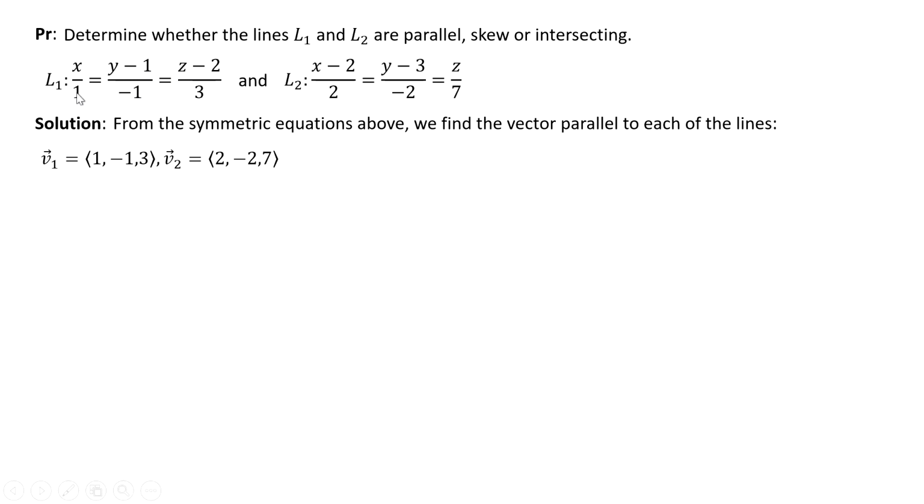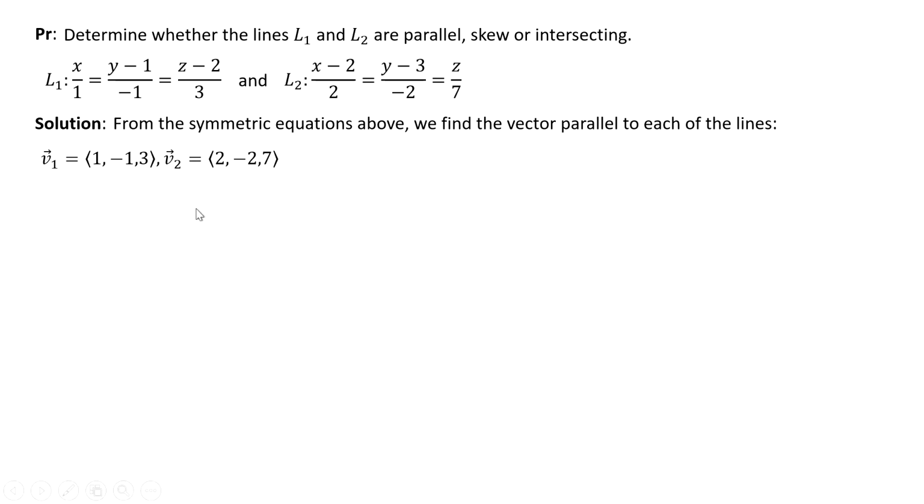So the denominators are in fact a, b, c, which are the components of the parallel vector. That's all I'm doing here. So 1, negative 1, 3, that's what v sub 1 is. Now look at the denominators of this, and you get 2, negative 2, 7. That should be the parallel vector for the second line.